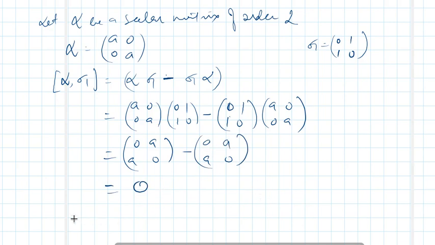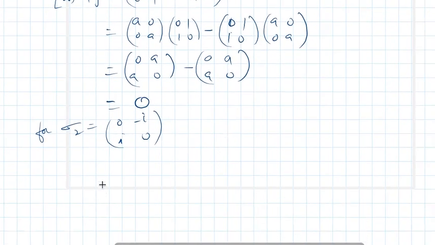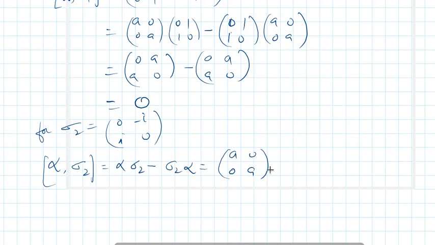Similarly, for sigma 2, which is nothing but [[0, -i], [i, 0]], let us try to solve another commutator, that is, [alpha, sigma 2], which can be expressed as alpha sigma 2 minus sigma 2 alpha, with alpha equal to [[A, 0], [0, A]].